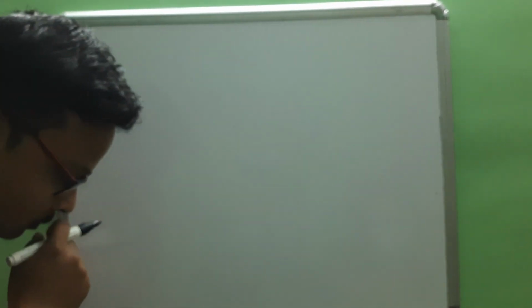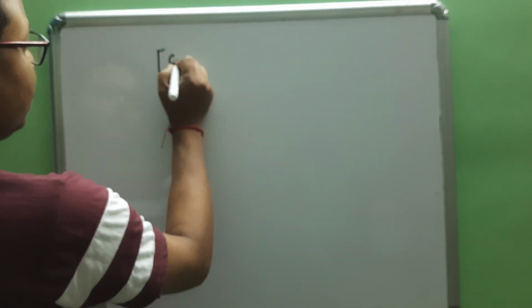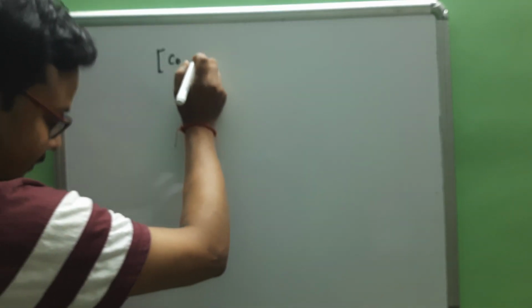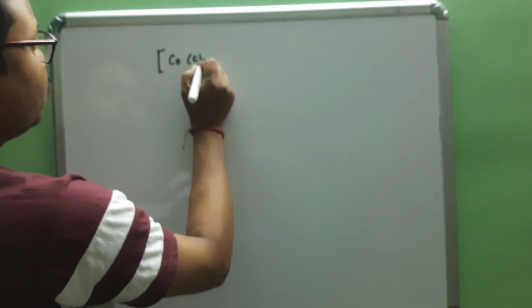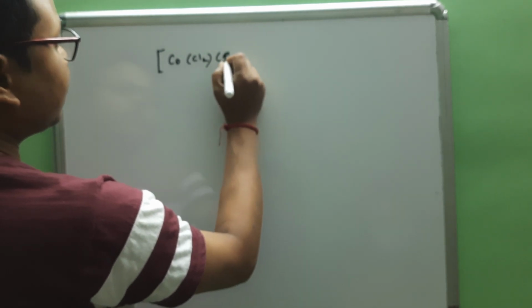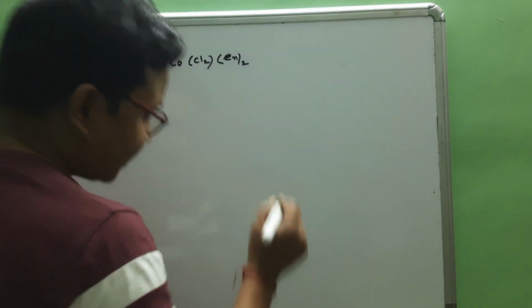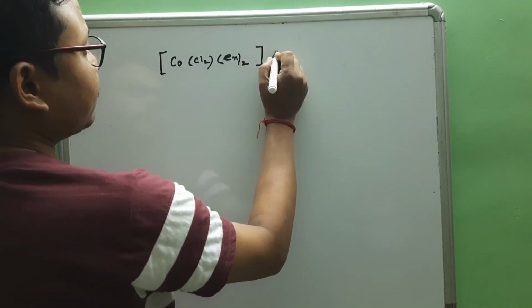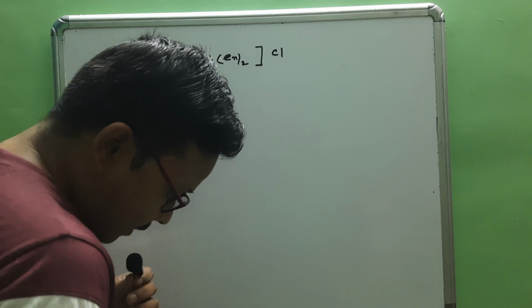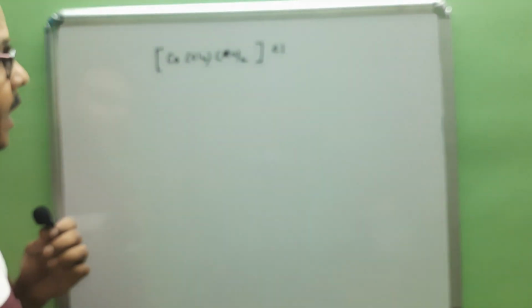So if it is given [Co(en)2Cl2]Cl, what is the name of this compound?